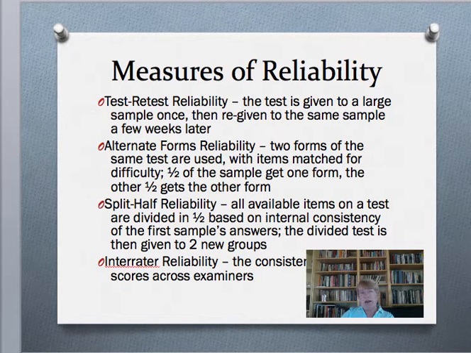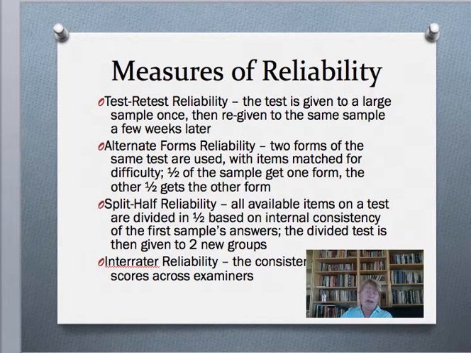What affects reliability? Well, a number of factors can affect the reliability of the test. One is test length. Longer tests are better than shorter tests because there's more items to get information about a person on, so that information is likely to be more reliable.